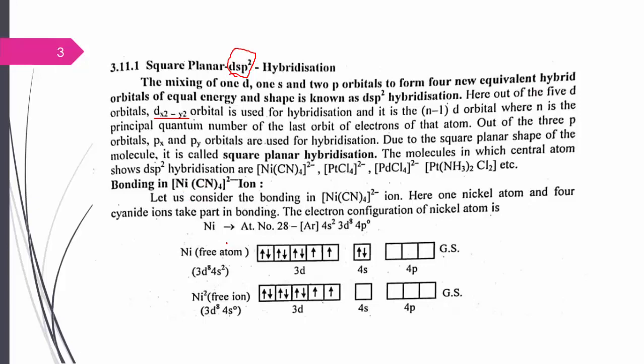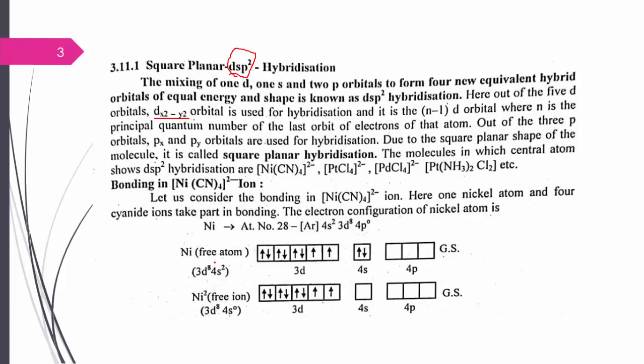As I told in the previous lecture also, it is always the orbitals of the central atom that undergo hybridization to form the hybrid orbitals. Nickel is the central atom here, and the surrounding ligands are around it. The nickel atom, atomic number 28, has the configuration Ar 4s2 3d8 4p0.